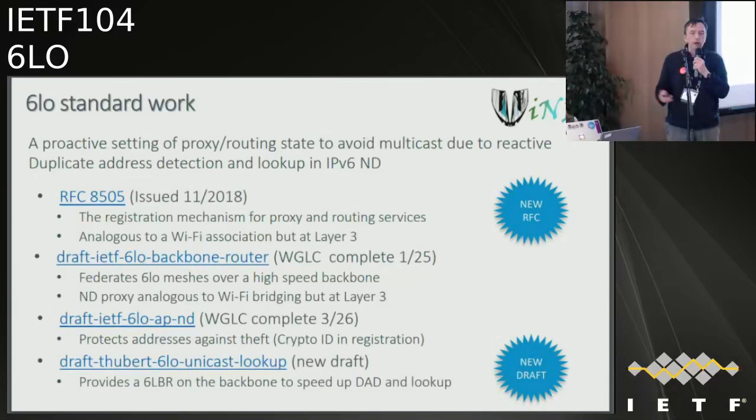So you don't want to wait for that to complete after 1 second and things like that. You want to get your address immediately. You want to make sure it's unique. You want your communication to start like in less than a second, everything included.